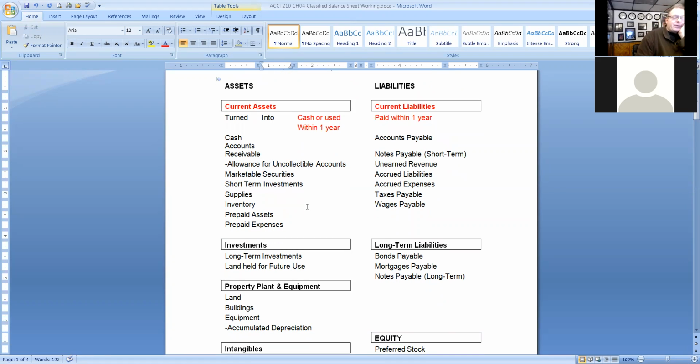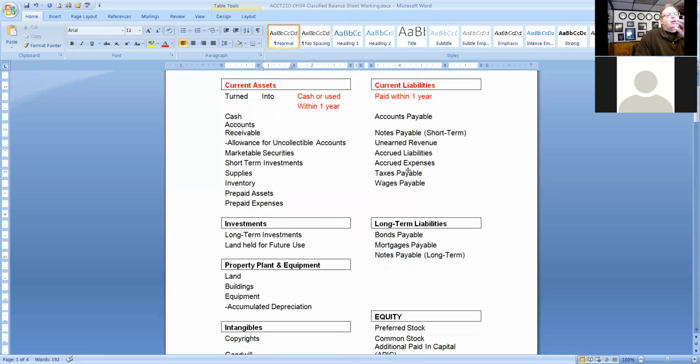Current assets are going to be used or turned into cash within 1 year, and current liabilities are going to be paid within 1 year. I technically should say paid or earned, because unearned revenue can be earned within 1 year. But the idea is the same. 1 year is the cutoff for them.